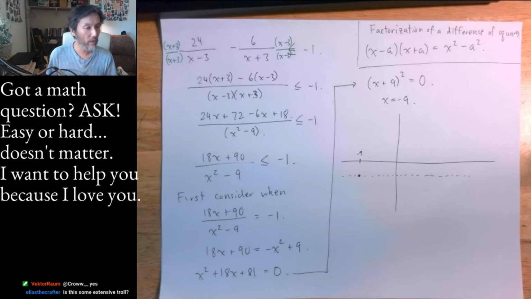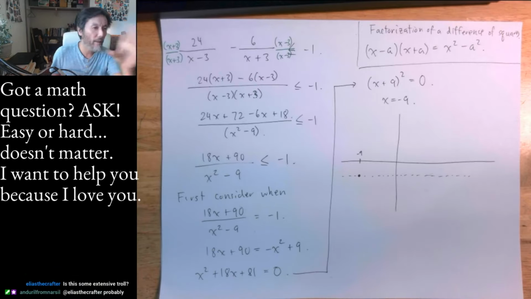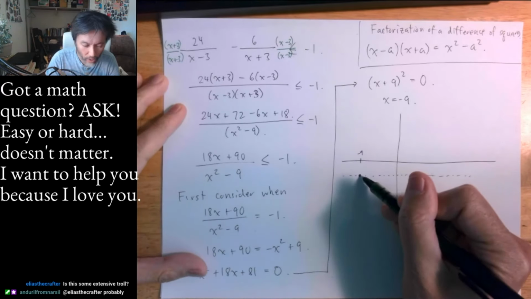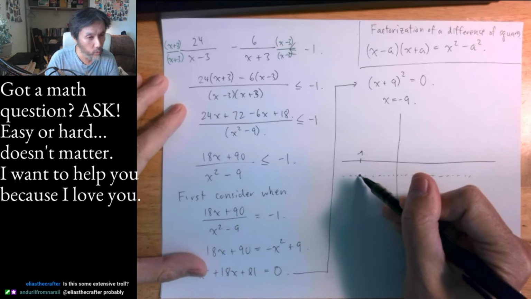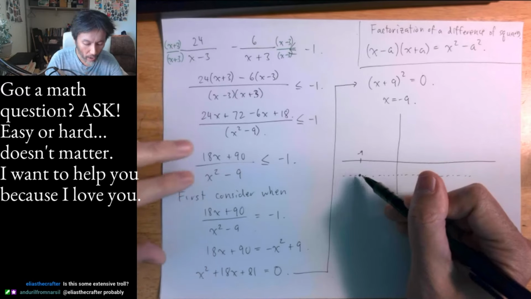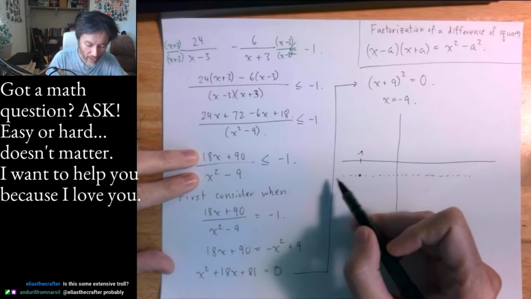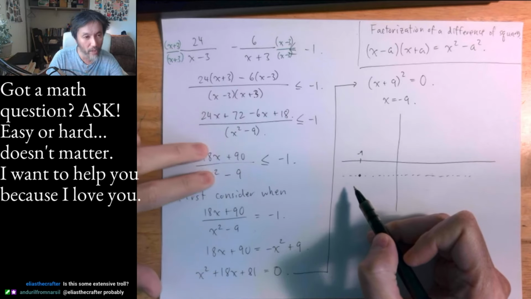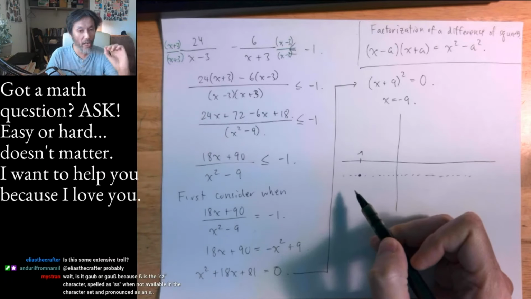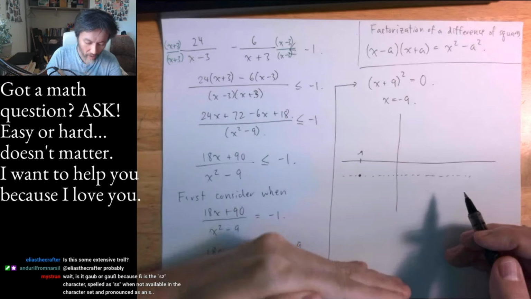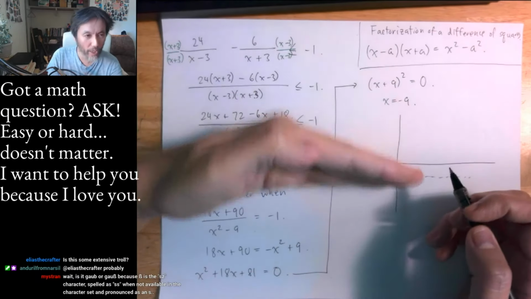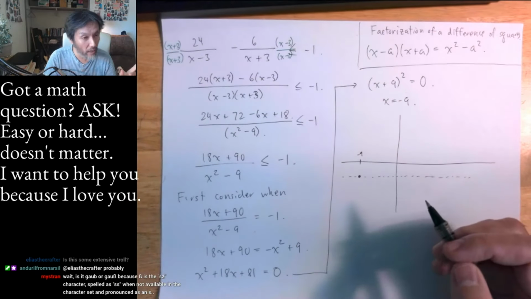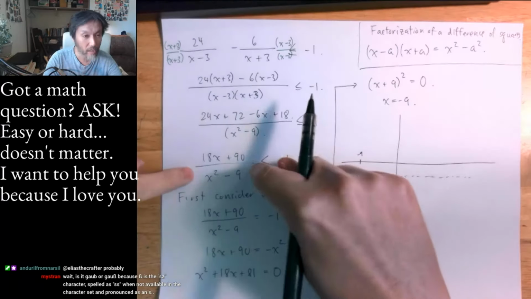We have to ask ourselves, what are the other possible locations? This is one location where the value of 18x plus 90 divided by x squared minus 9, the value of this expression here, could change from being less than -1 to being greater than -1.